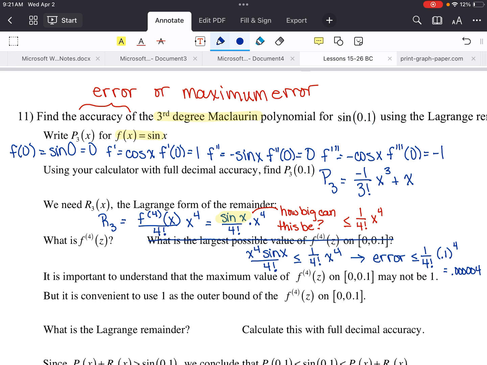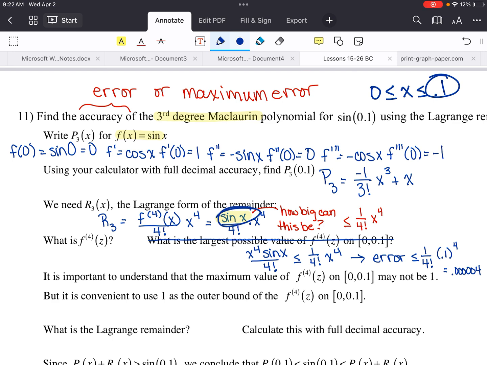So I'm really only interested in what's going to happen between 0 and 0.1, between the point where it's perfect and the point that I'm estimating. Well, when is sine going to be the biggest? Sine is going to be the biggest at 0.1, because sine at 0 is 0, and then it starts to go up. Okay, well, what is sine of 0.1?